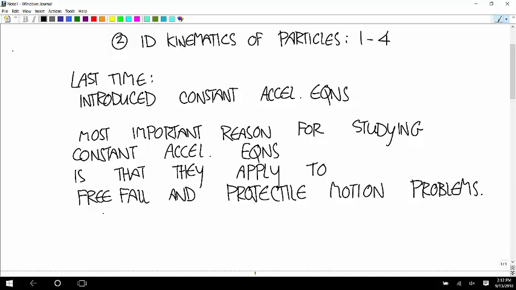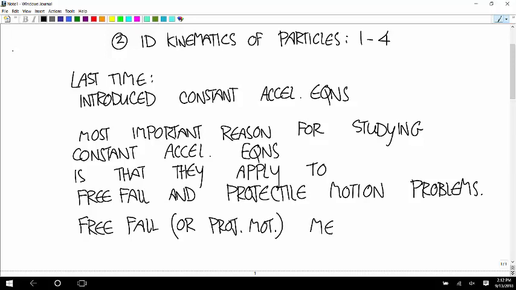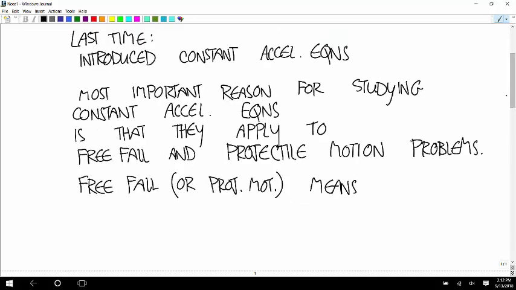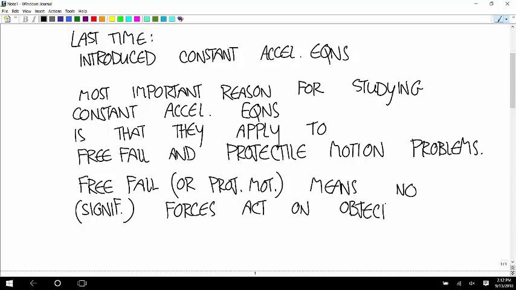The definition of one of these problems, free fall or projectile motion, means that no significant forces act on the object besides gravity. So gravity is acting, but nothing else.